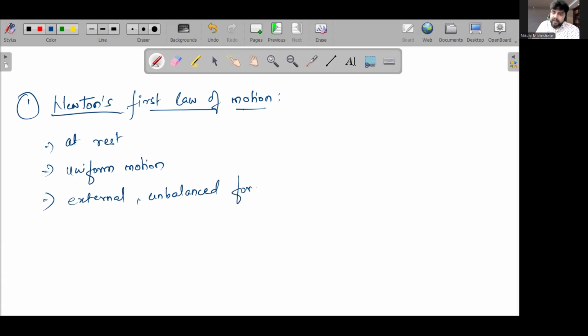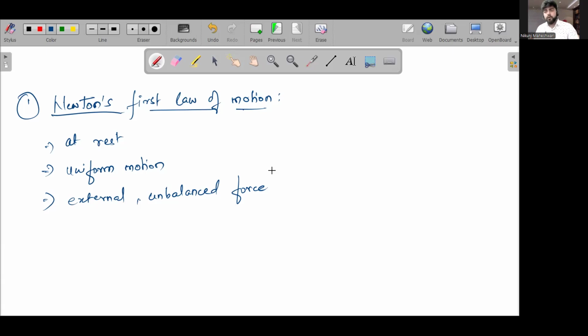And that is what we just said, right? That if this object is at rest, it's going to keep being at rest until there is someone to disturb it, a force to disturb it, to be specific, right? That is Newton's first law.